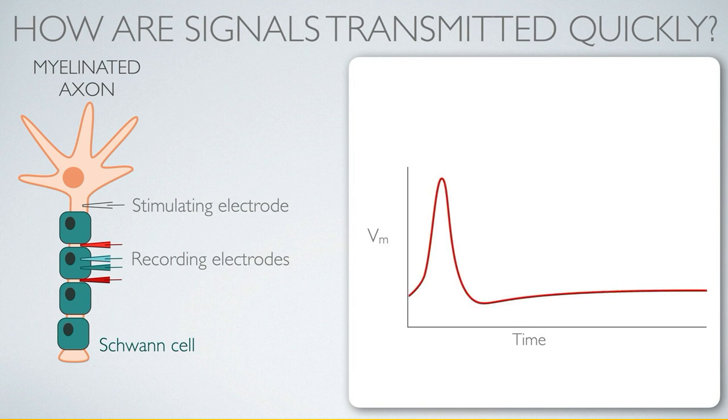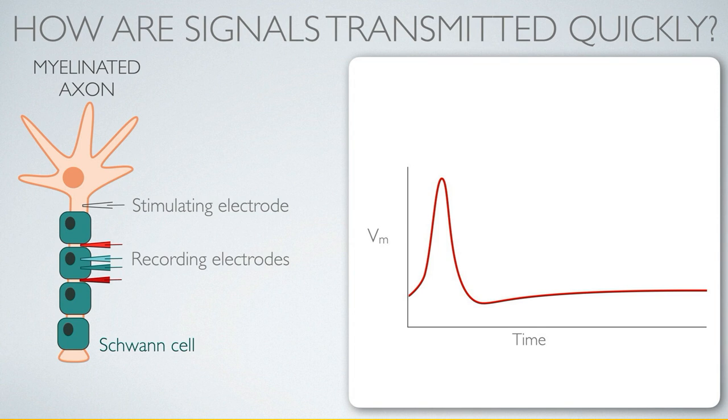It's an action potential, just like you might expect. We created the depolarization, effectively creating an artificial action potential. That action potential somehow survived propagating through the first Schwann cell and appeared at the first node of Ranvier. That's great.